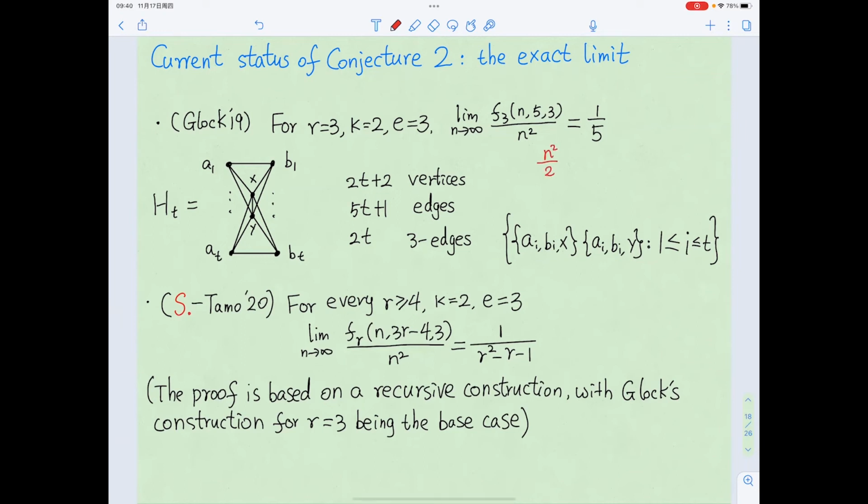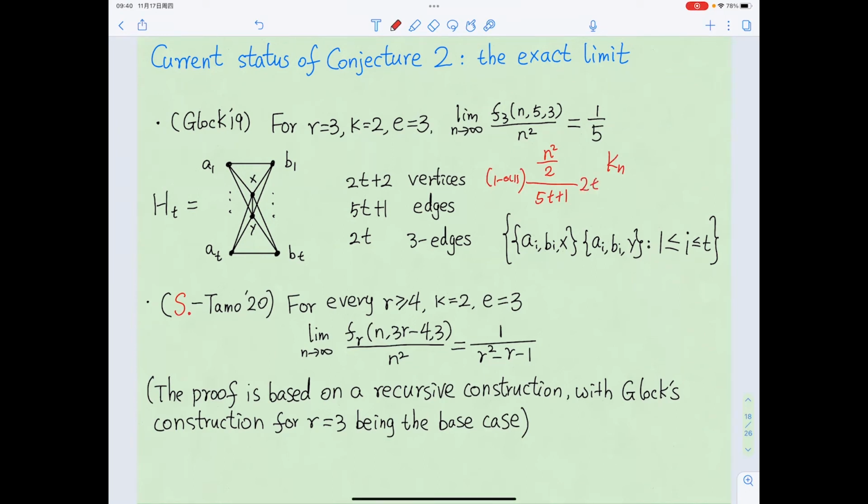H_t has 5t plus 1 edges, so roughly speaking, one can put (1 minus little o of 1) times n squared over 2 over 5t plus 1 disjoint copies of H_t in K_n. In each such copy, Glock put 2t 3-edges.